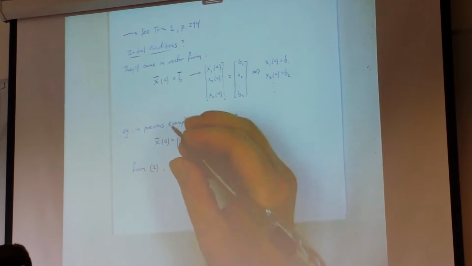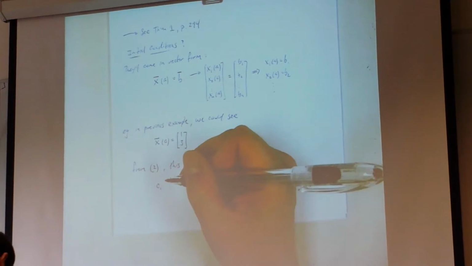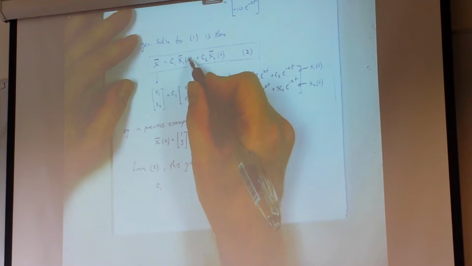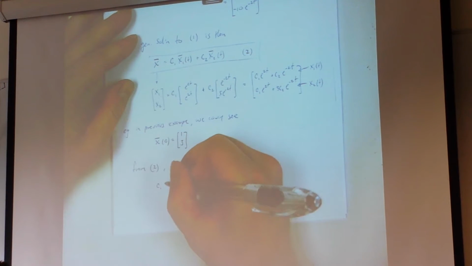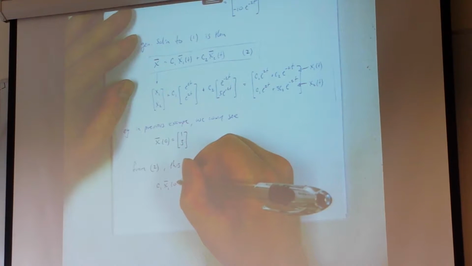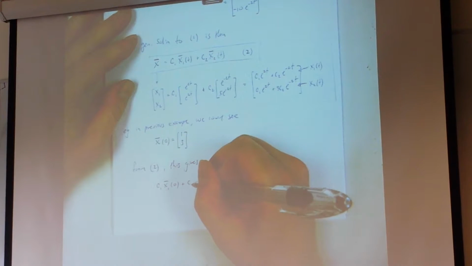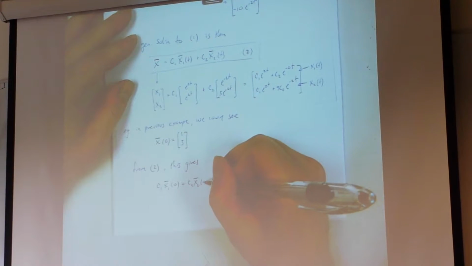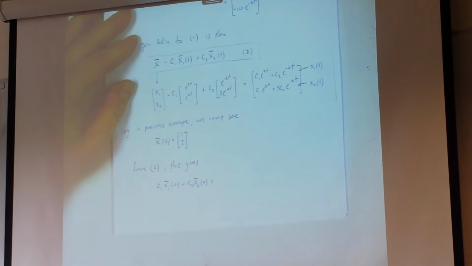We'd have C1, equation 2 right here. So plugging in 0 for t, it gives us C1 x1 bar 0 plus C2 x2 bar 0 equals 1, 3.